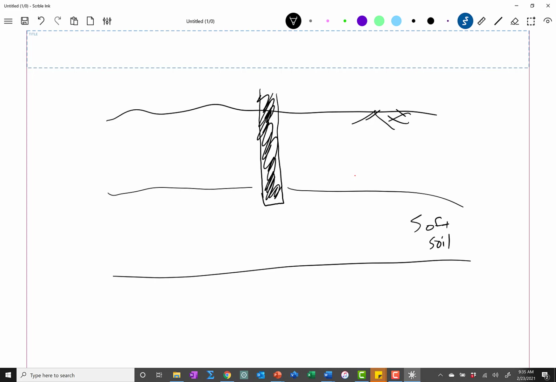So here I am, I'm dropping this hammer and it's banging up here on the top of my pile. And what that's doing is that's putting a compression wave all the way down to the end of my pile. And it's hitting the end of my pile, and if the impedance at the end of my pile is very close to 0 because the soil is so soft, what ends up happening is this point here at the end of my pile does a double displacement. And so it literally rips off of the end of my pile.